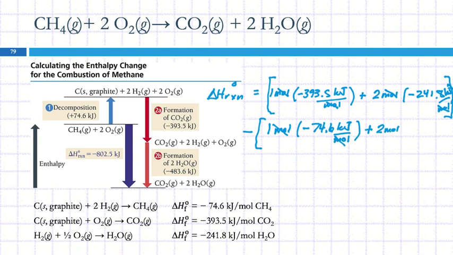Oxygen is an element in its standard state, so its heat of formation is 0 kilojoules per mole. So I have negative 393.5 plus 2 times negative 241.8 minus the quantity negative 74.6 plus 2 times 0, close parentheses.